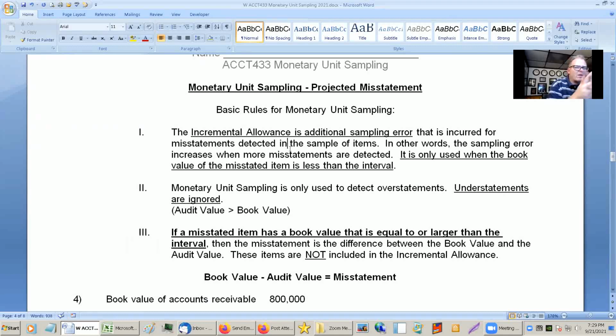Okay, incremental allowance. In this type of sampling, the size of the error matters, and the larger the error, the more likely the whole thing is going to be off.